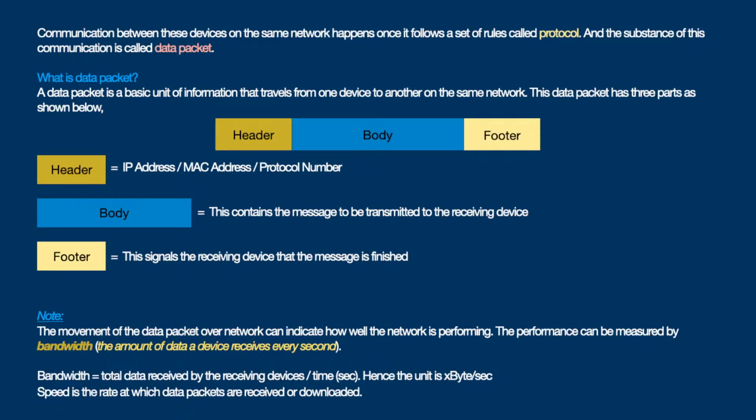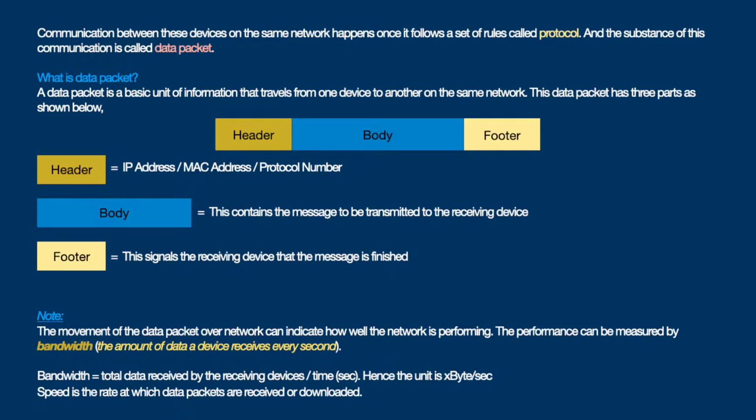the other components that come alongside and follow the data that you are sharing from the server to the receiver. As you can see from the screen, a data packet is the basic unit of information that travels from one device to another on the same network.